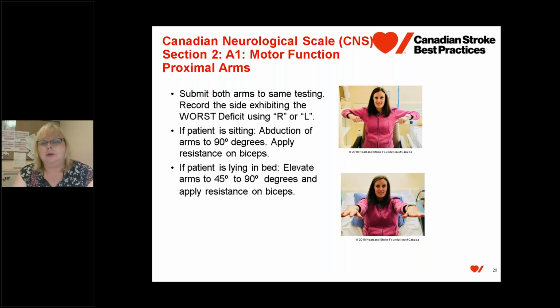In the lower picture is how we would evaluate if the patient is lying in bed. Here, we would ask the patient to elevate their arms to 45 to 90 degrees and apply resistance on the biceps. We would never apply resistance on the joints, always apply it on the muscles.